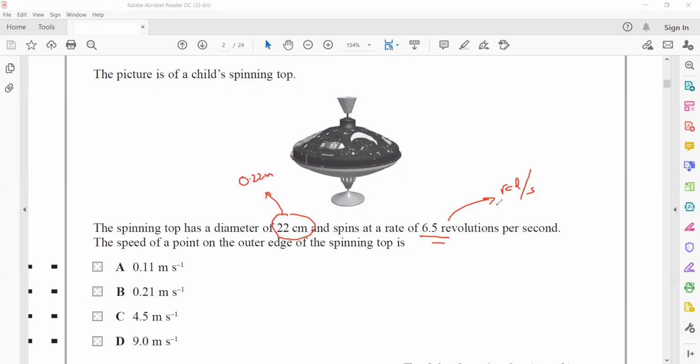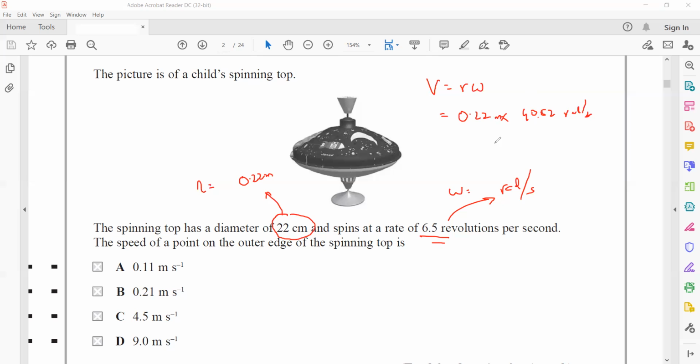The speed of a point on the outer edge is, so how can we work out, we have the radius r given and omega is also given. So we have to use a formula, v is equal to r omega. So r is given 0.22, but this 6.5 revolution, when we multiply by 2 pi radian, so 6.5 multiplied by 2 multiplied by 3.14, that is equal to 40.82 radian per second.